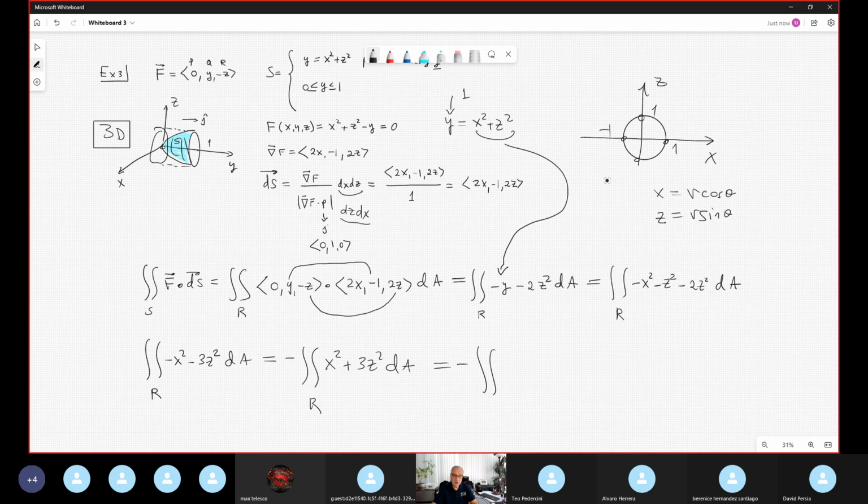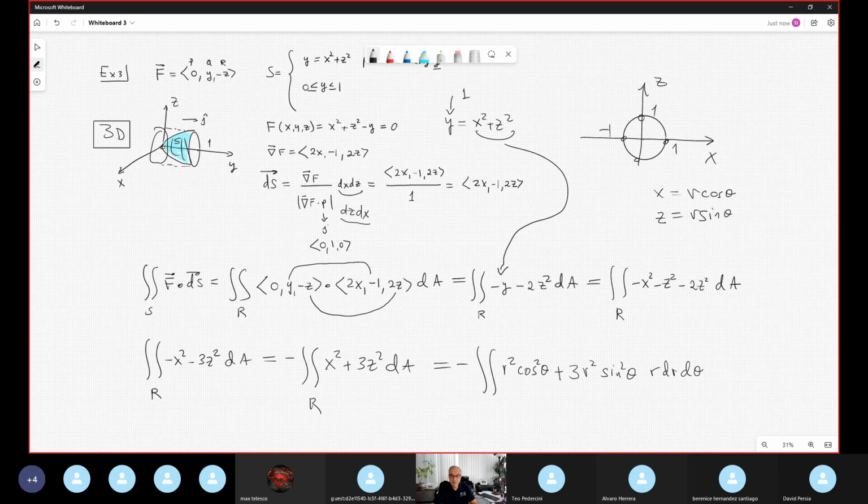It's the same. So it's r squared cosine squared theta plus 3 times r squared sine squared theta. The Jacobian is r dr d theta.